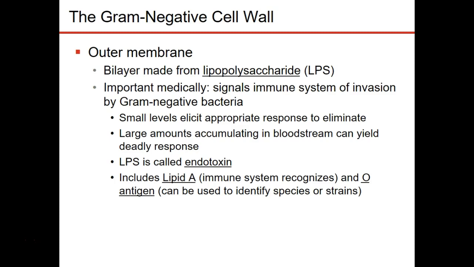The hypothalamus controls body temperature, but in the presence of lipid A, it's going to increase that body temperature. And that can lead to endotoxic shock, where we have such a high temperature that we can't survive. The O polysaccharide chain, then, is what we use to identify different strains within a single species.